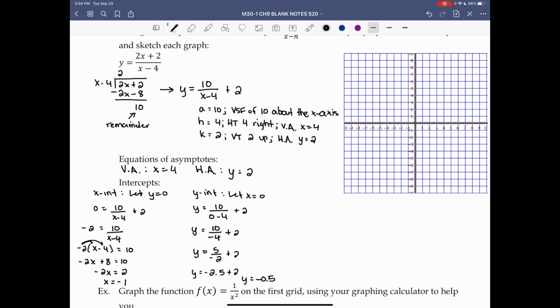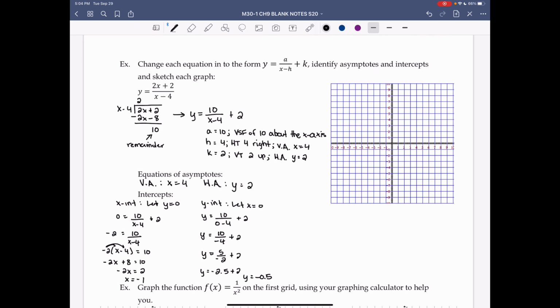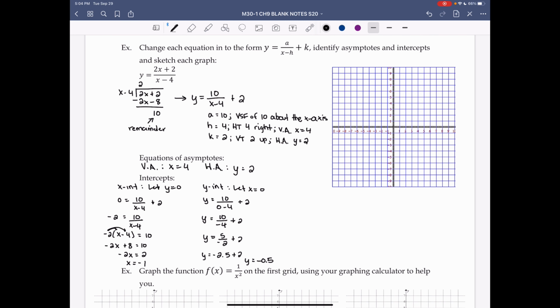Now we can graph our function. Starting with our asymptotes, we have a vertical asymptote at x equals 4, and a horizontal asymptote at y equals 2.